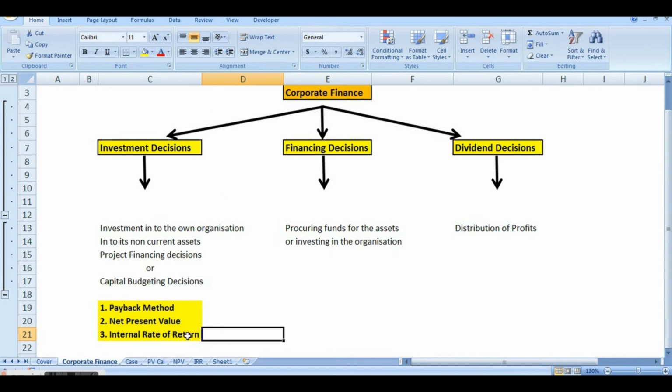It is the rate of return at which the machinery breaks even, means it achieves the break-even point. What does it mean? It simply means the rate of return at which the present value of outflows is equivalent to the present value of inflows.